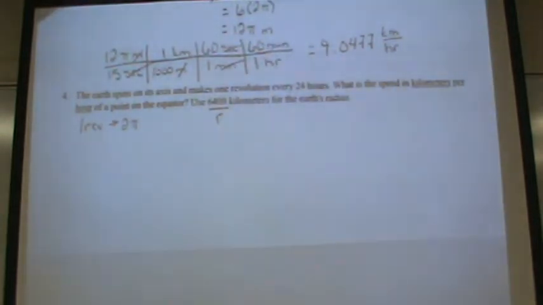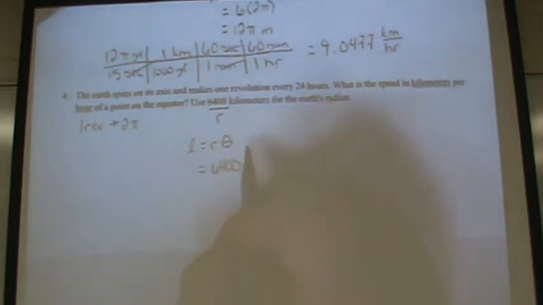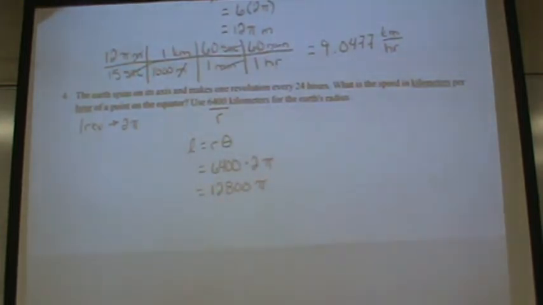We have the Earth's radius, so we have our r. So again, using L equals r theta, we're looking for our L. So we put 6,400 in for our r, times 2 pi for our theta. And you get 12,800 pi for a length.